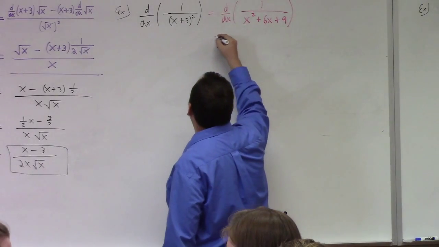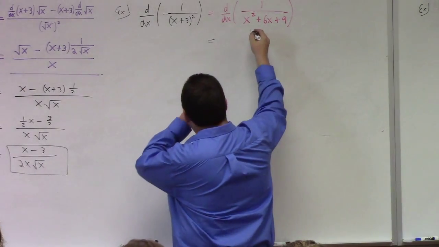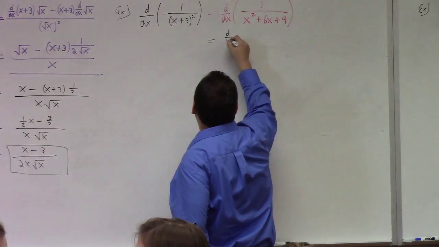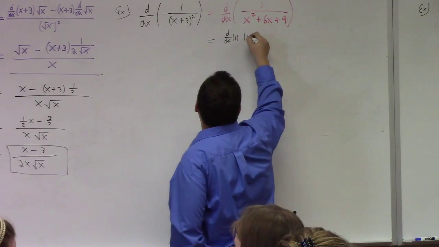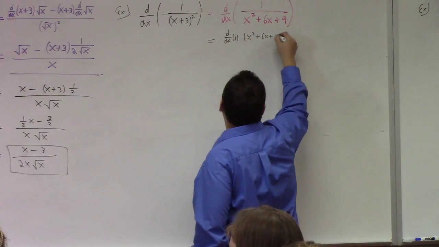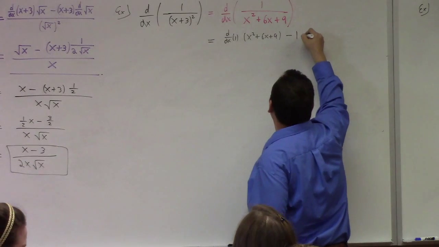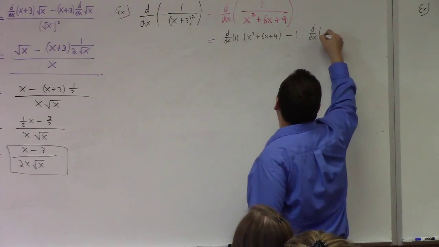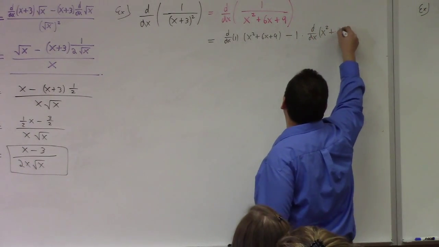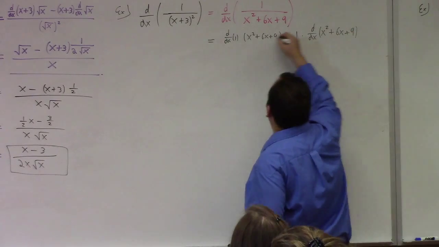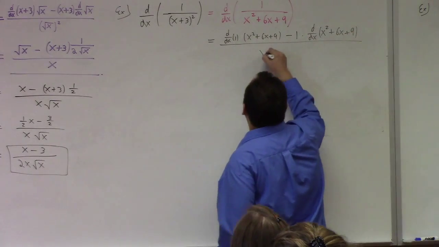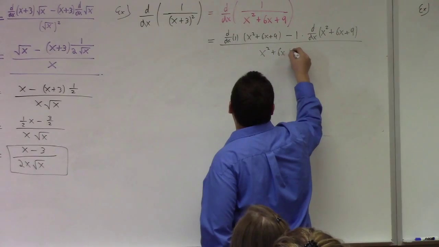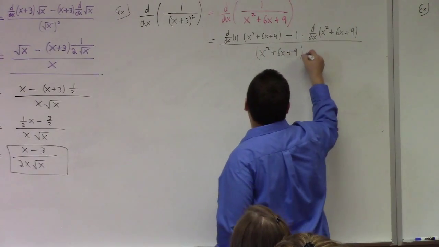So that probably means this is a bad problem for the test. But what we do is derivative with respect to x of 1 times x squared plus 6x plus 9 minus 1 times the derivative with respect to x of x squared plus 6x plus 9, all divided by x squared plus 6x plus 9 quantity squared.